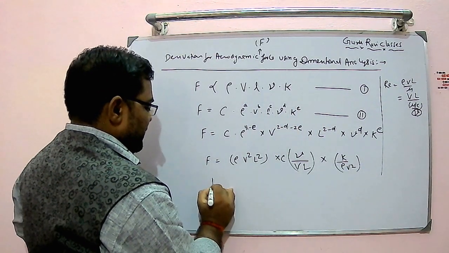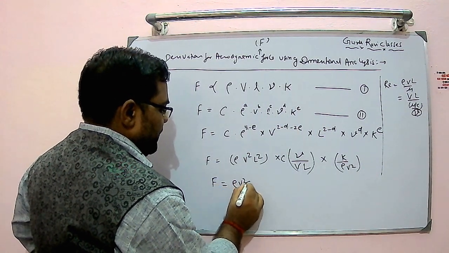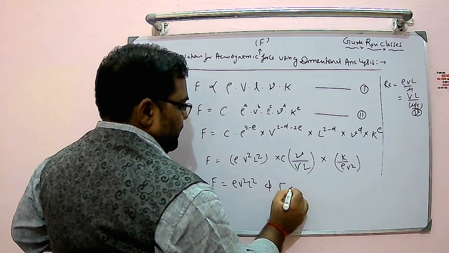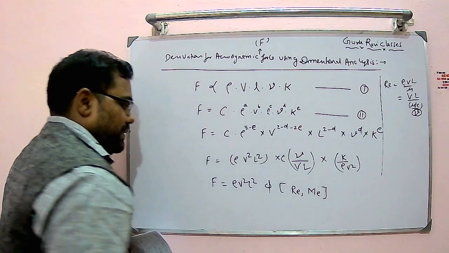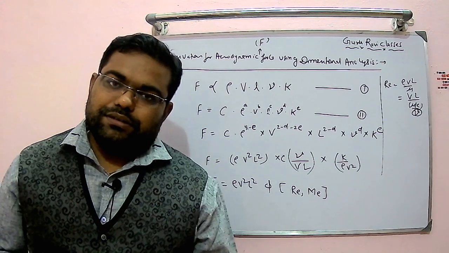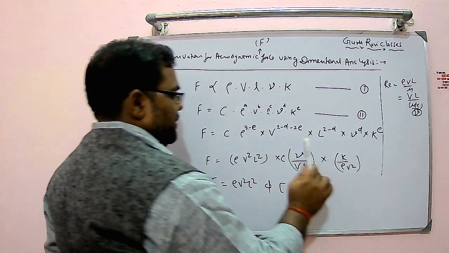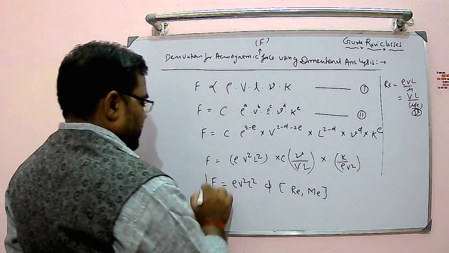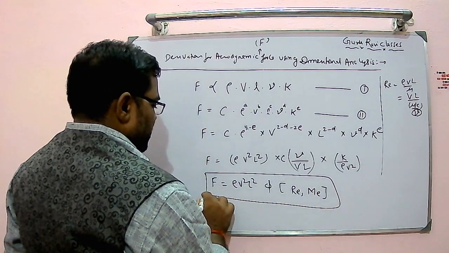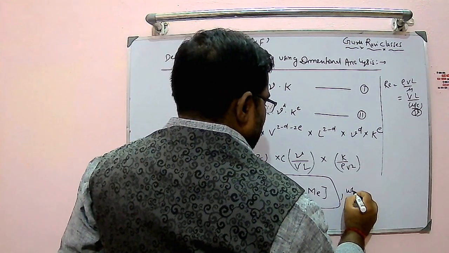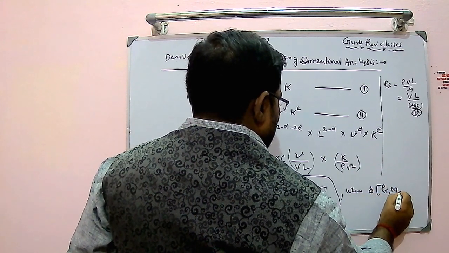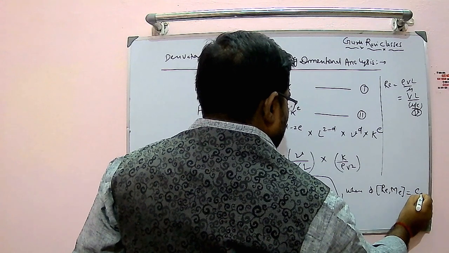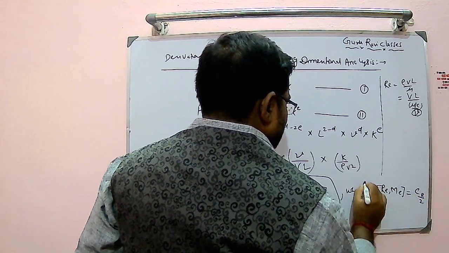So from here we can say F is equal to rho V square L square times a function of Reynolds number and Mach number. This is the Reynolds number, this is the Mach number. So this relation I got, where phi of Reynolds number and Mach number is nothing but CR divided by 2.